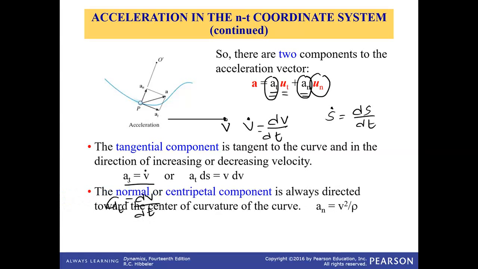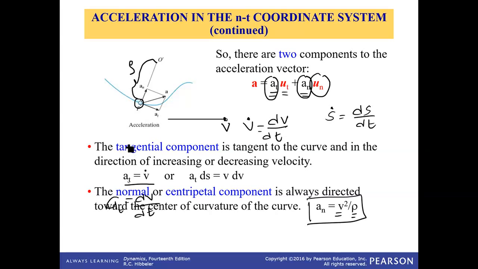For normal acceleration, we have the formula an equals v squared divided by the radius of curvature. At any given point, the normal acceleration of the particle is the velocity of the particle at that point, squared, divided by the radius of curvature, which is nothing but the distance of the particle from the center of rotation at the given instant.